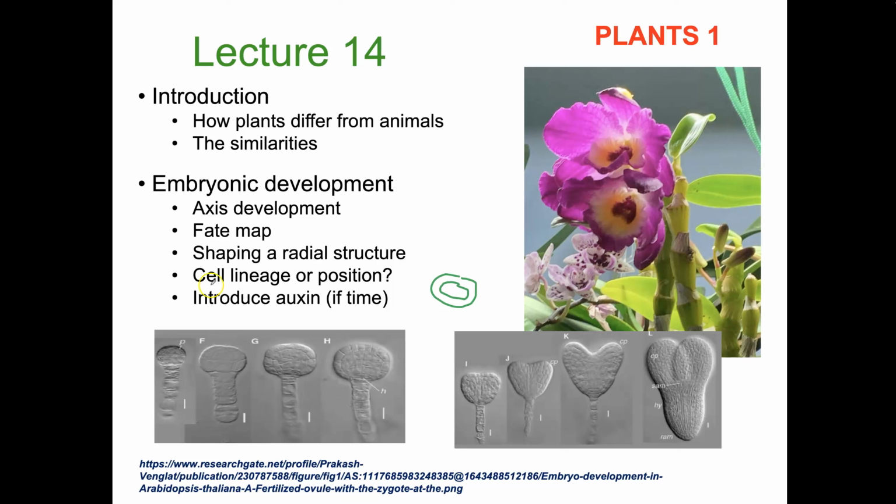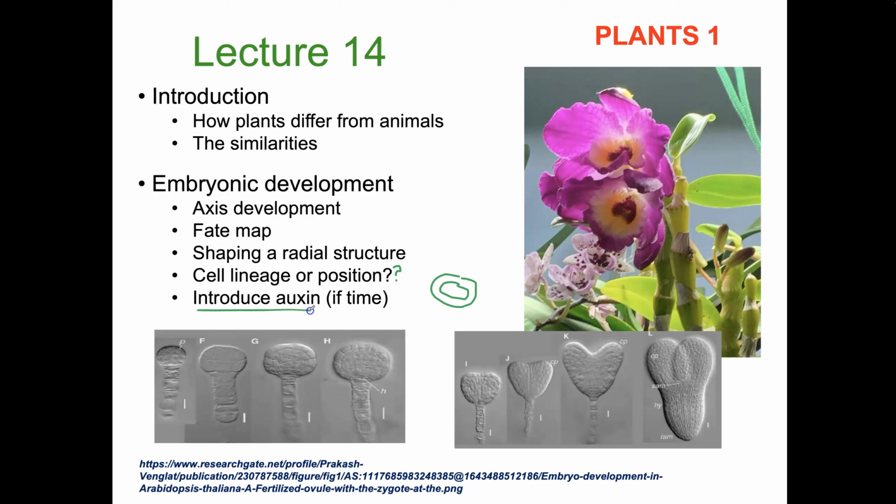I'm trying to remember, but I think we will probably talk about it again a bit later in the section on plants. And then whether cell lineage or position is most important. There's very little movement of plant cells. In fact, there's pretty much none unless you do it artificially. So this is a weird question to ask, but you can ask it and you can answer it through experimental manipulation.